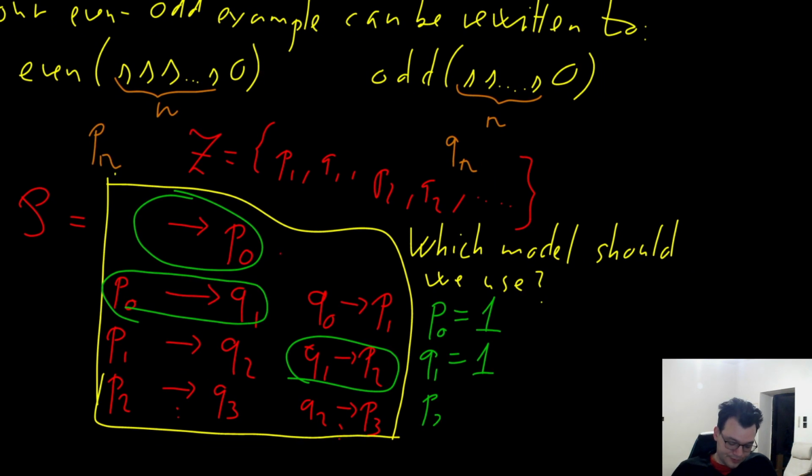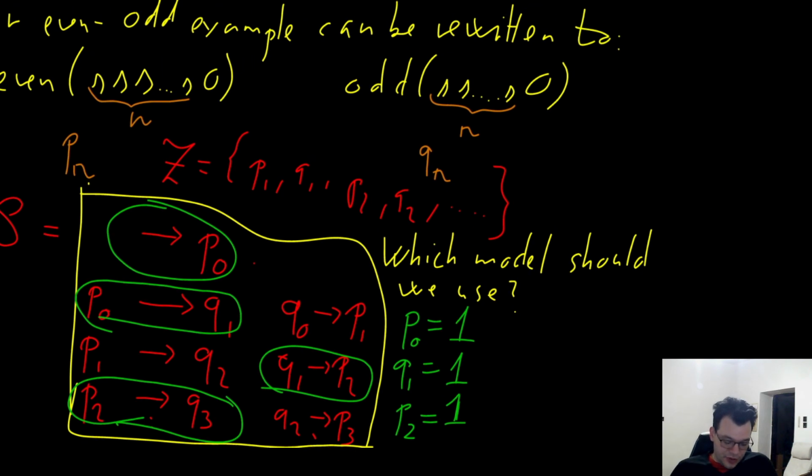Okay, what do we know? Here, because of P2 being true, Q3 is also true. Okay, so Q3 is also true, and so on.